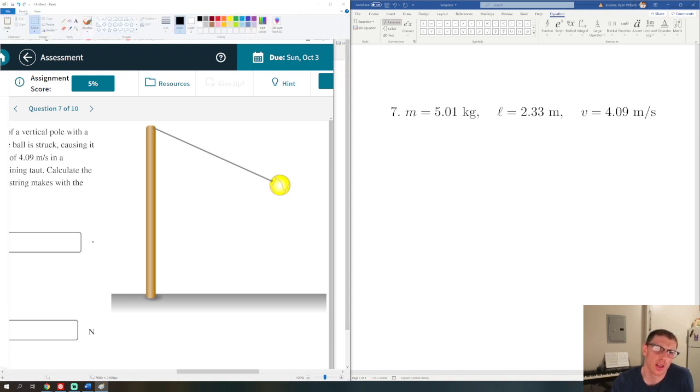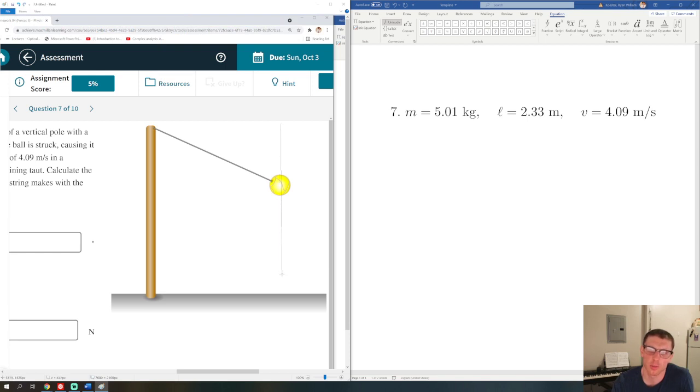I'll just draw some thin lines here to indicate those because this is something we need to do for every problem that we basically do with Newton's laws. So that's my y-axis. This is my x or centripetal axis. Okay. Cool. So what are the forces on this thing?